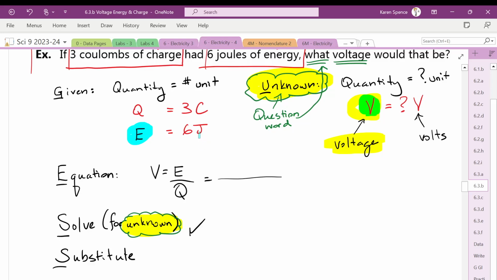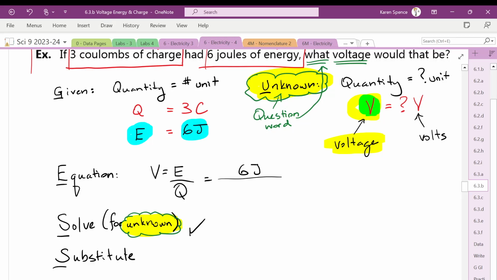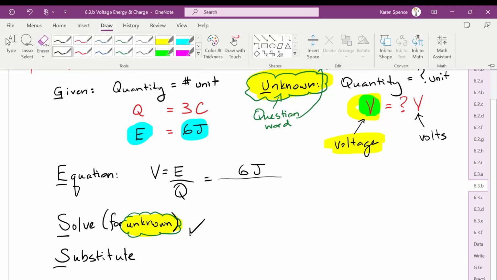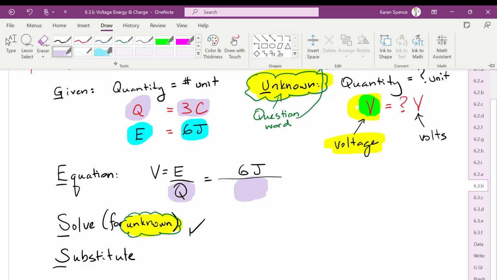E equals what? 6 joules. So we're going to put 6 joules in. Okay, Q. What can we substitute for Q? Yep, that one, 3 coulombs. Yes, absolutely. So we're going to substitute in 3 coulombs.